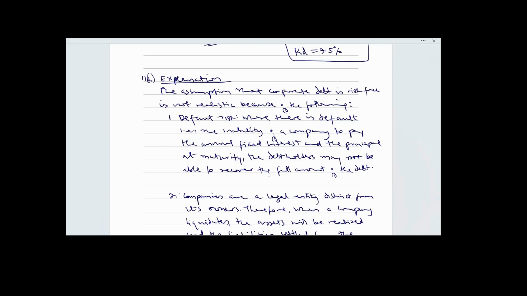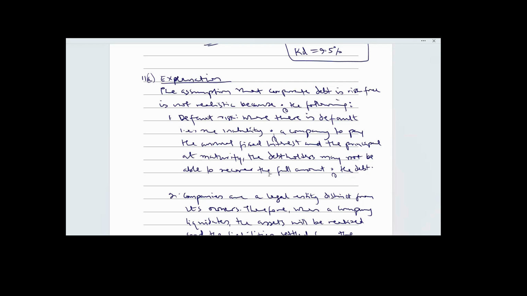So as a result, can you say corporate debt is risk-free? Risk-free means that you are going to recover your money back. There is no risk attached to it. Your interest will be paid, then the principal sum will also be paid to you. So that is only when it is risk-free. But where somebody defaults in paying your annual interest expense and also the principal at the maturity date, in that case, you cannot say corporate debt is risk-free.